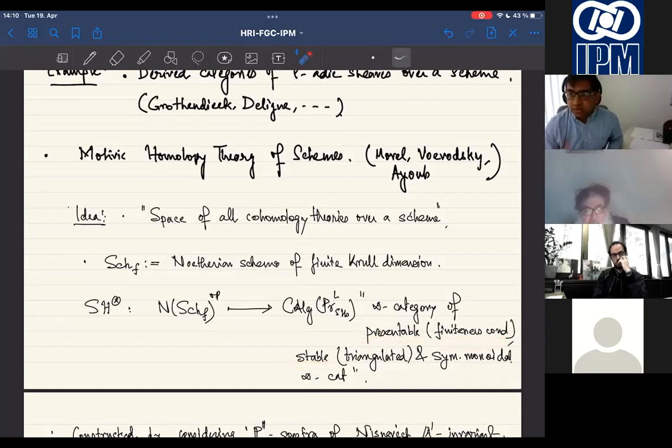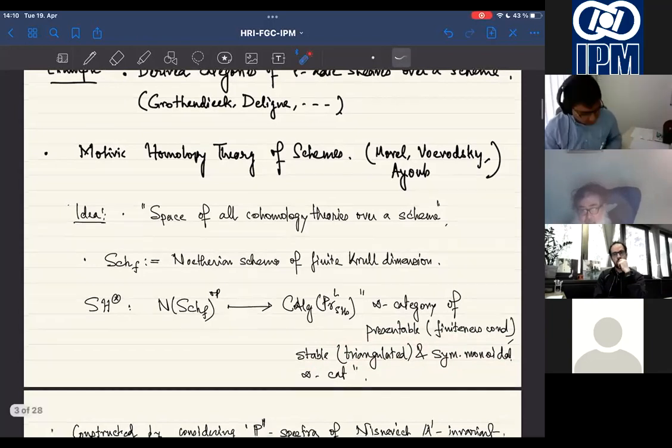If you don't know what stable is, you can just think of it as a triangulated category, which has distinguished triangles, like a derived category. And symmetric monoidal means there is a tensor structure which is commutative, associative, and everything. So given any object X, you can consider such a category which has all these nice properties.